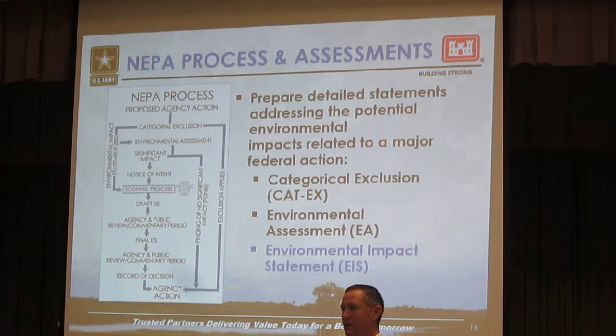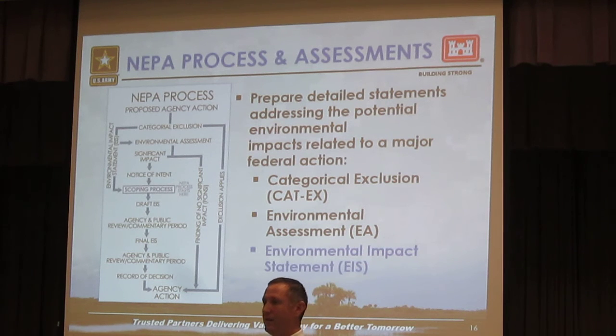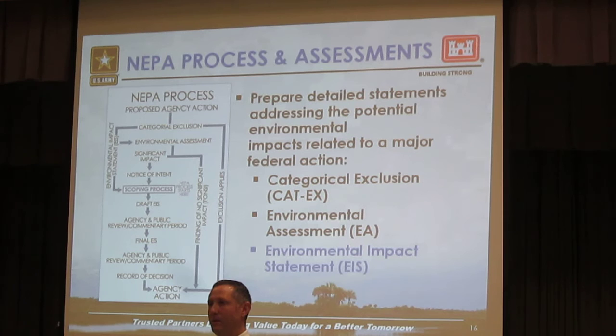It's a large-scale project with a lot of important resources, so we would prepare a more detailed environmental assessment as part of an environmental impact statement. We consider a lot of those environmental issues and document them clearly and explain the analyses in that report. There's a draft report that goes out for public comment, and a final that gets posted as well.